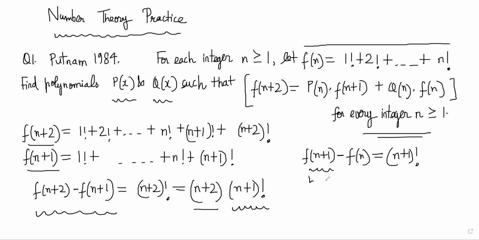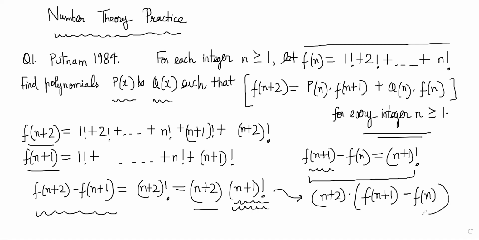So we know that the difference f of n plus 1 minus f of n is n plus 1 factorial. And here we have an n plus 1 factorial. So we can replace that and write it as n plus 2 times f of n plus 1 minus f of n, right? So combining that with the left hand side, what are we getting?